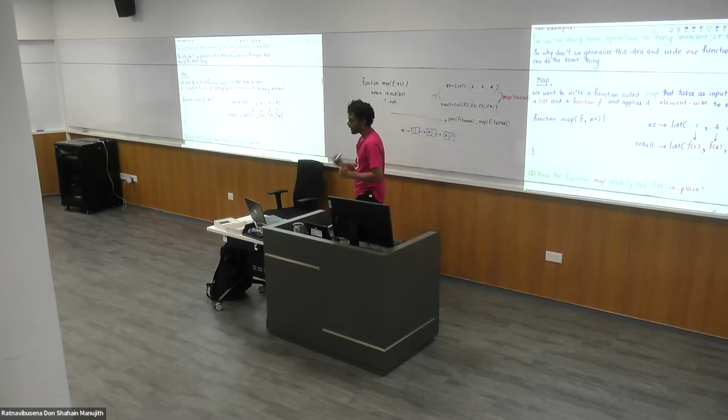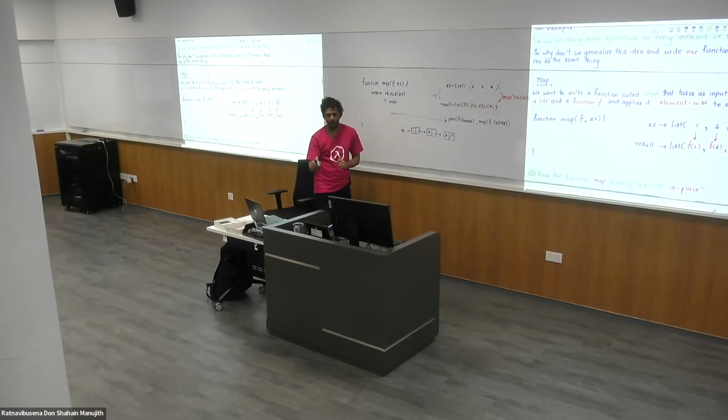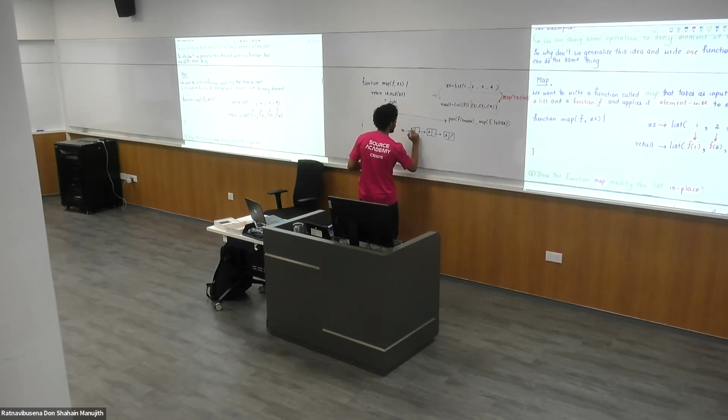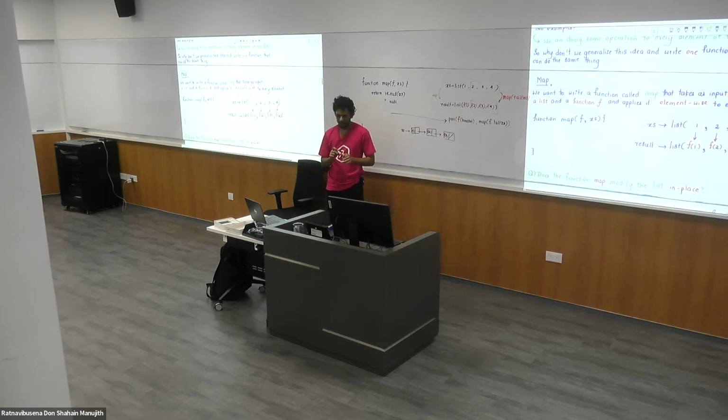I want you to tell me whether map modifies the list in place. That means, does map actually return XS, but instead of 1, 2, 3, does it return F1, F2, F3? Yes or no?